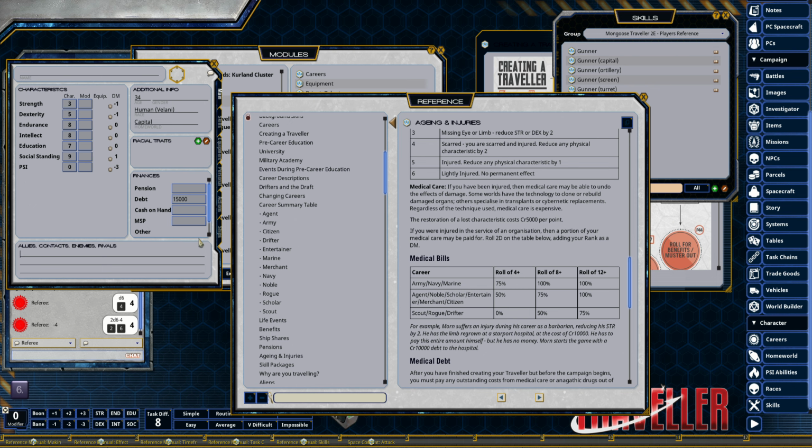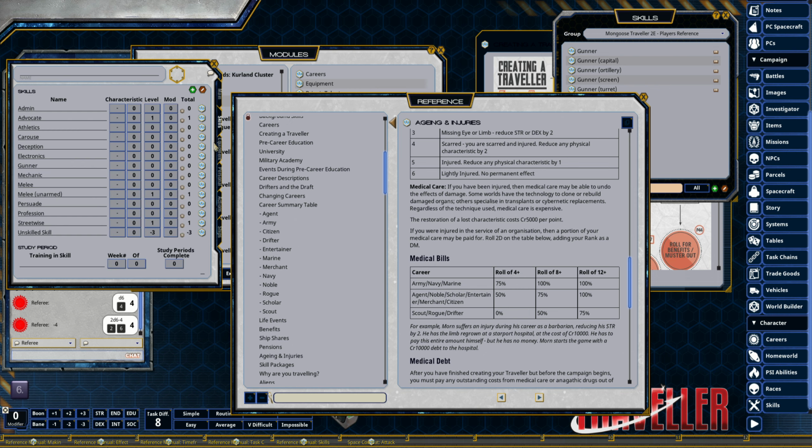Took some damage to my characteristics, but it was largely paid. 50% of it was paid off, so I start with a debt of 15,000, $0 in cash, no pension. I got no benefits from any of my careers. That was certainly not the path I had initially planned on going, but that's the way that Rolemaster goes.